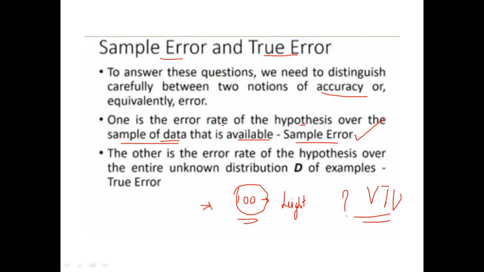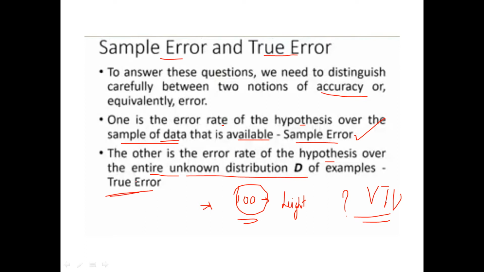In the other way, the error rate of the hypothesis over the entire unknown distribution D. This is unknown for us. We don't know how many students are there in the entire VTU. So when you go for the entire population, the error you might get in this population, we call it the true error.